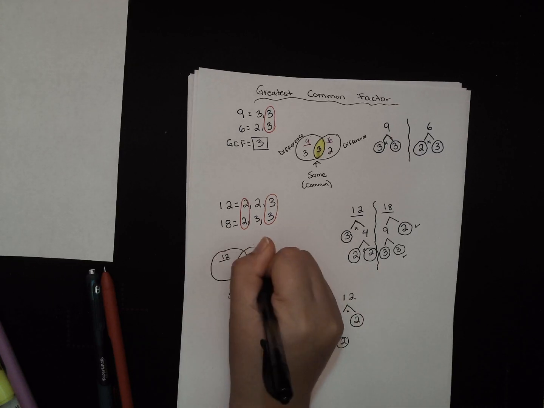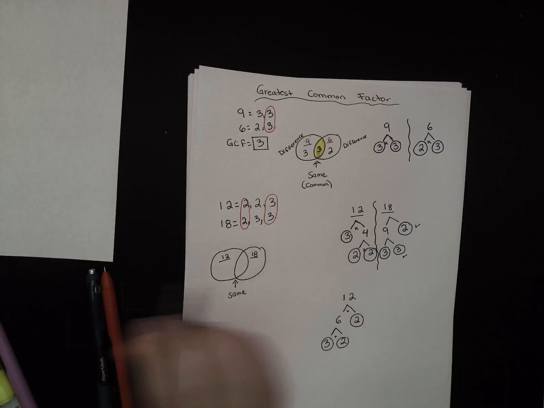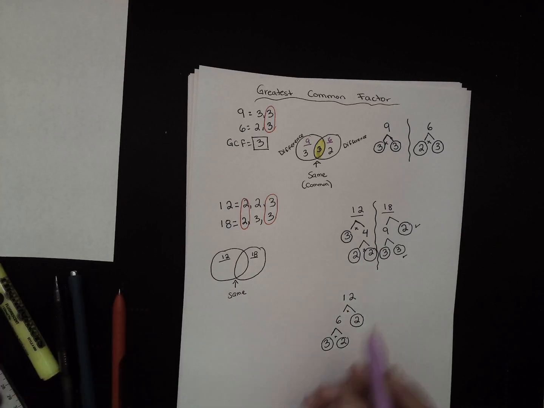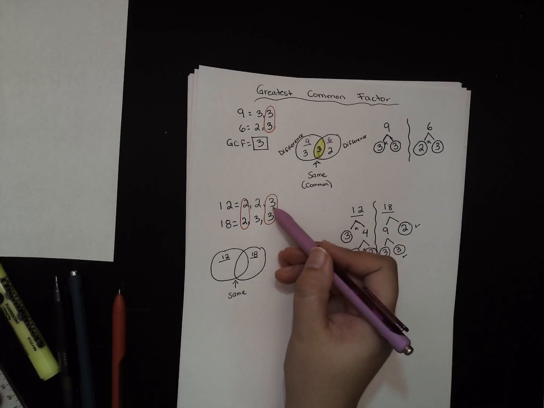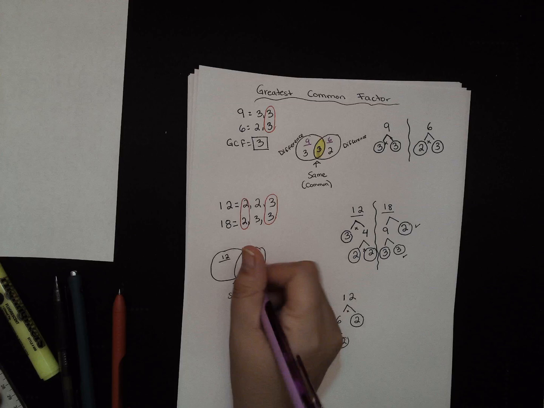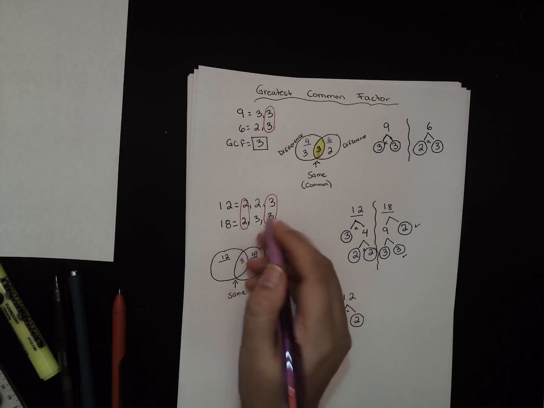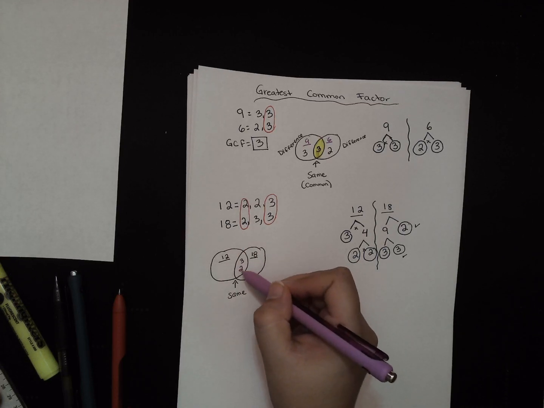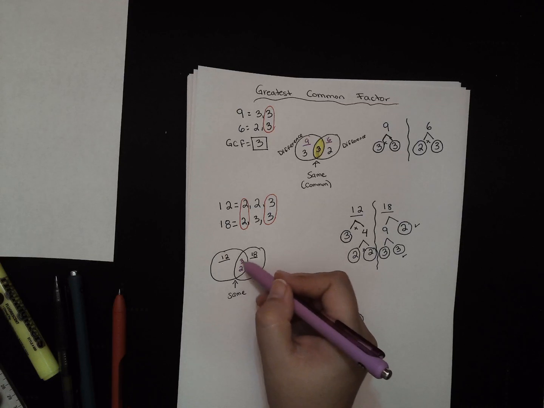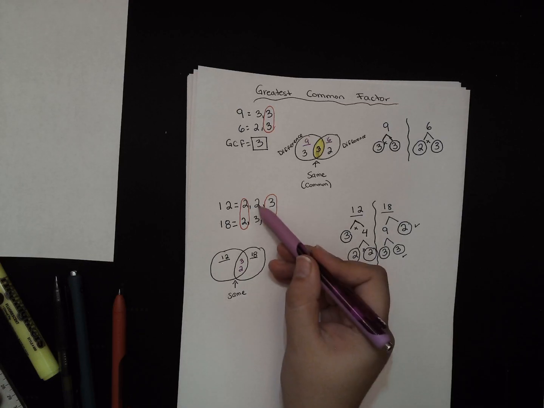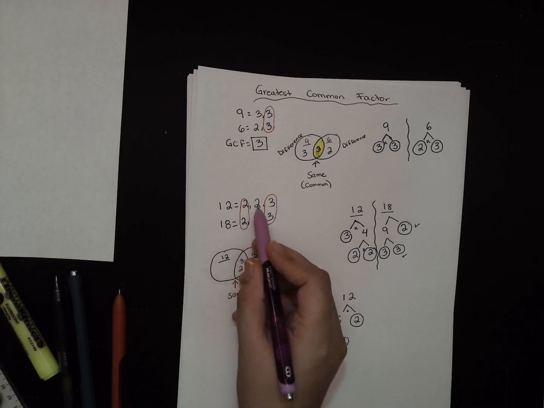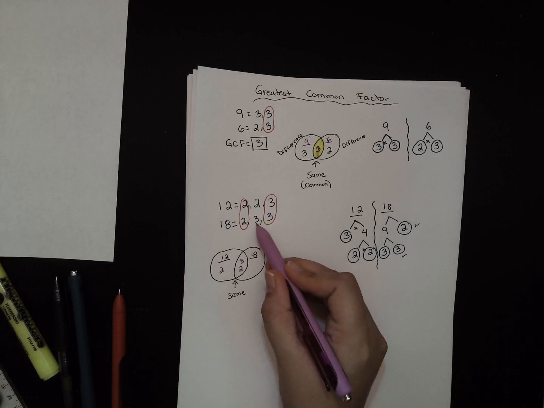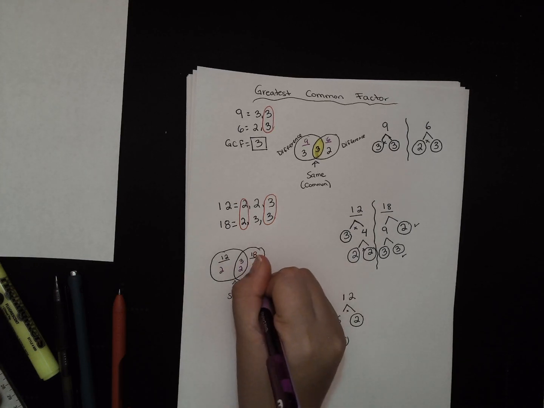I have 18 here. If they have 3 in common, I'm going to put 3, and I also have a 2 here. They share it, so I don't need to rewrite it again. Now for 12, they have a 2, so I'm going to put a 2 here. And for 18, it's not circled, so I'm going to put 3 over here.